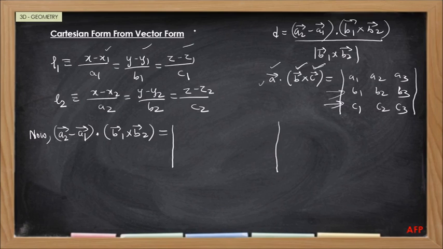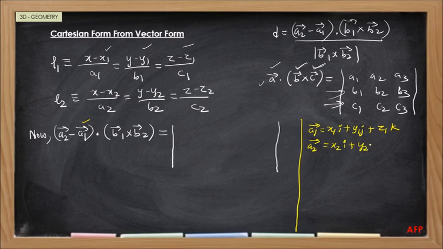Okay, so now we will write the A1 vector here. The A1 vector is the position vector of the point x1 y1 z1. So you can write A1 vector is equal to x1 i plus y1 j plus z1 k. The A2 vector is the position vector of the point x2 y2 z2, x2 i plus y2 j plus z2 k.